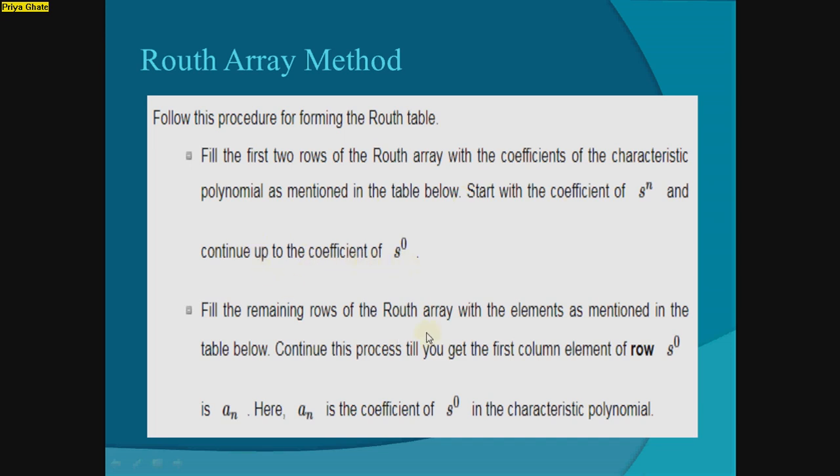Fill the remaining rows of the Routh array with elements as mentioned in the table below. Continue this process till you get the first column element of row s^0 as an. Here an is the coefficient of s^0 in the characteristic polynomial. Actually, by explaining a particular example, you will get how we can fill the table.